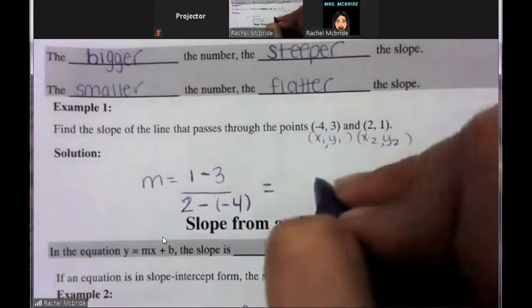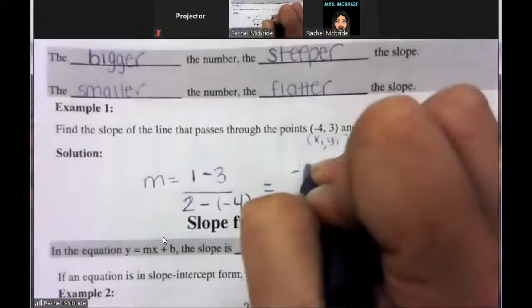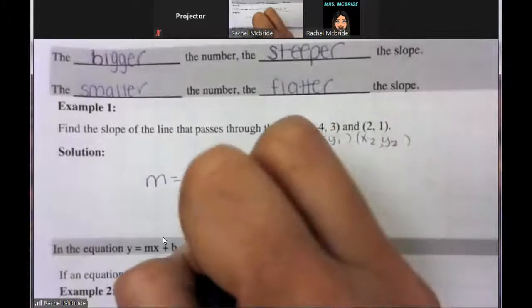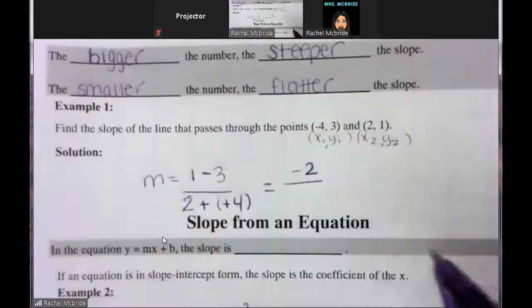Dominique? Good. A minus turns to a positive, so 2 plus 4.